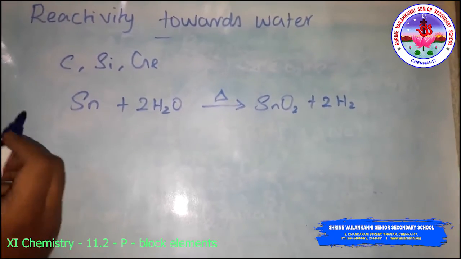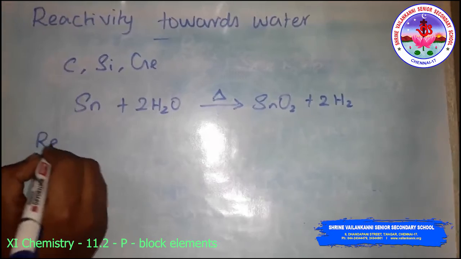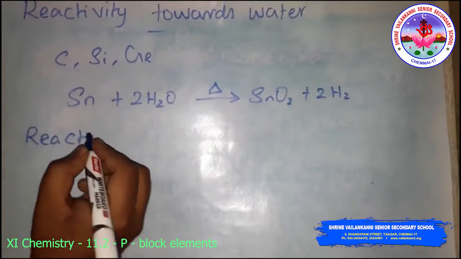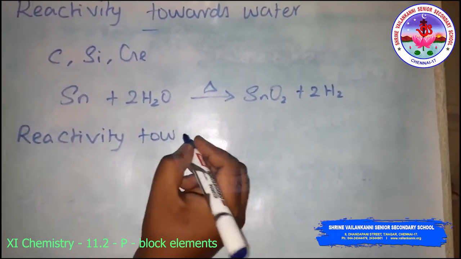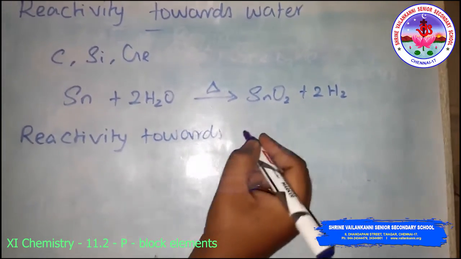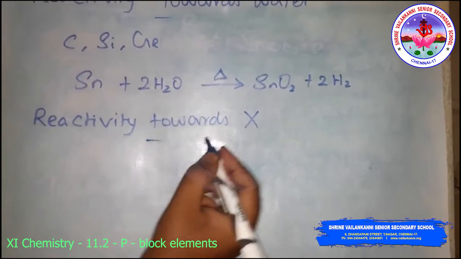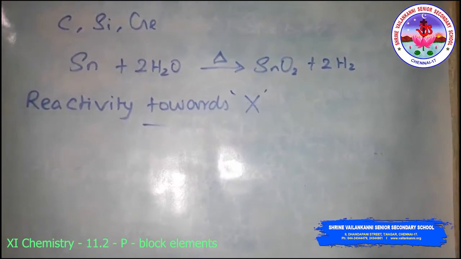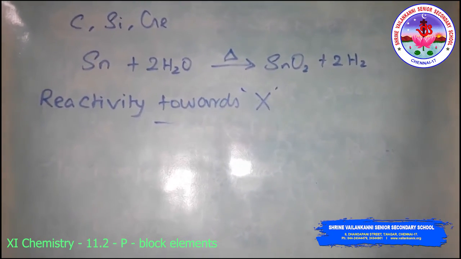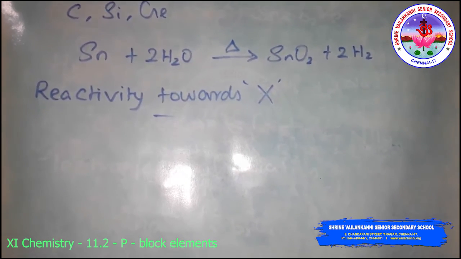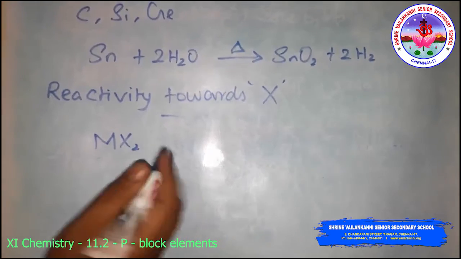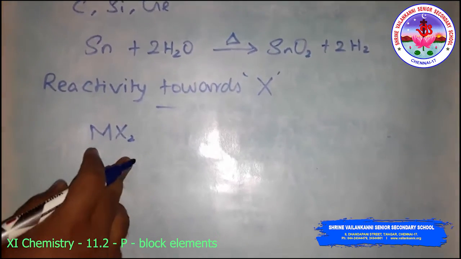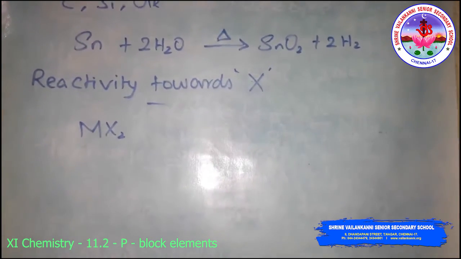Next is the reactivity towards halogens. Usually elements can form halides of formula like MX2, where X indicates fluorine, chlorine, bromine, iodine.